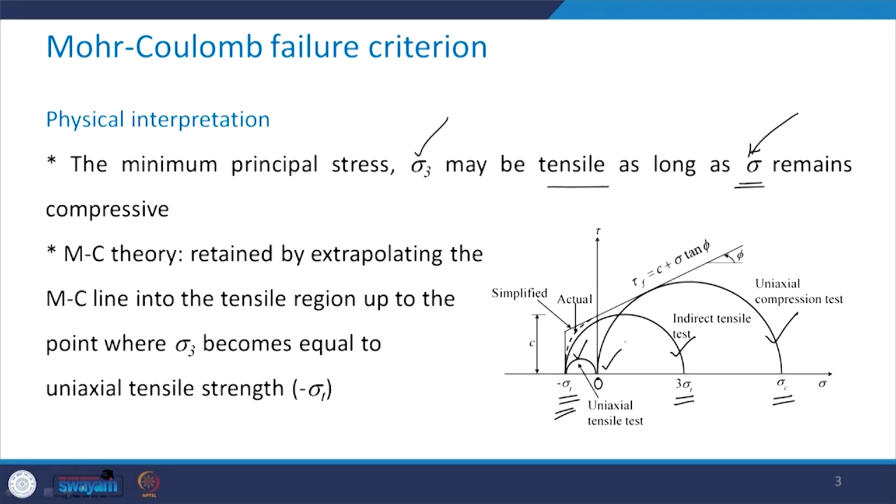So, this Mohr-Coulomb theory was retained by extrapolating the Mohr-Coulomb line into the tensile region up to a point where sigma 3 becomes equal to the uniaxial tensile strength. What does this mean? We have this as the Mohr-Coulomb failure envelope.